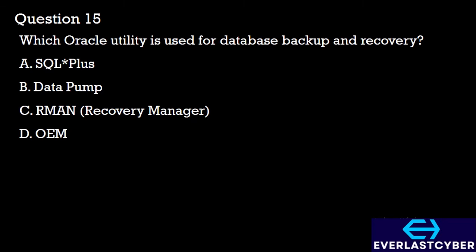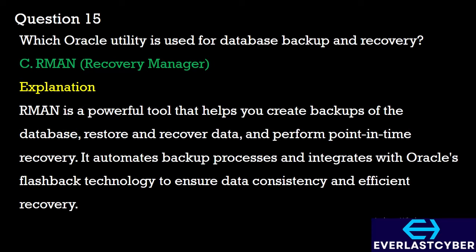The OEM, or Oracle Enterprise Manager, is a web-based management tool used to monitor, manage, and administer Oracle databases, but it is not specifically used for backup and recovery. So out of these options, we'll be going with option C, the Recovery Manager.